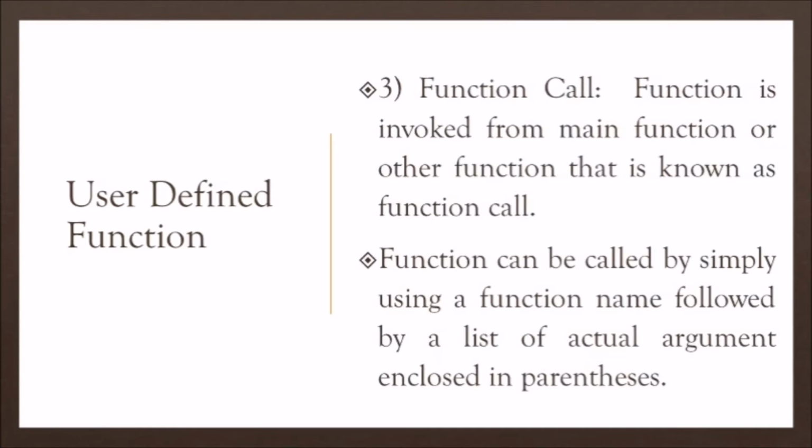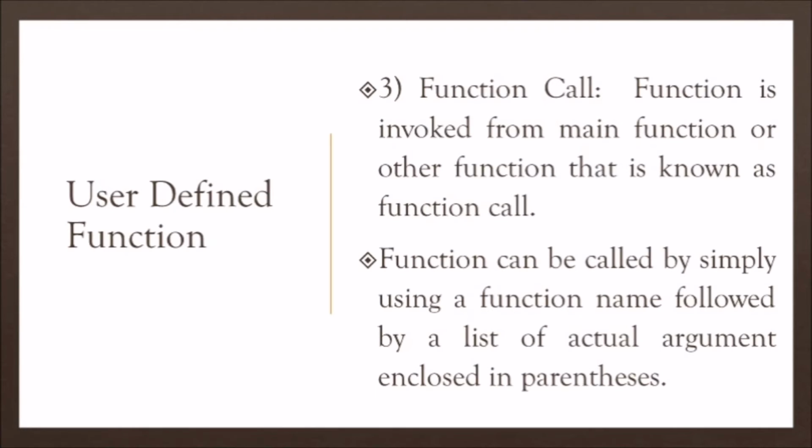function call. When a function is invoked from the main function or another function, that is known as a function call. A function can be called by simply using the function name followed by a list of actual arguments enclosed in parentheses.